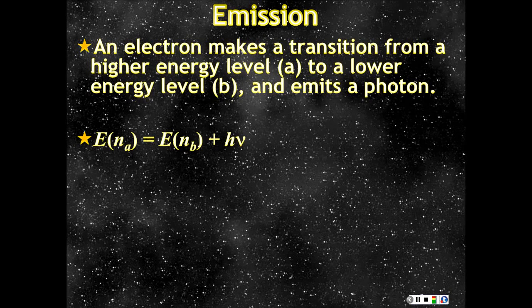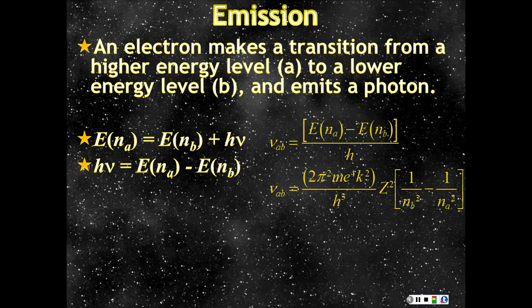And so here we have that the energy for some energy level A is the energy for some energy level B plus that photon that it has to absorb, so the energy of the photon is just given by the difference. So here I've got the frequency, and in this case this is nu, not V, because we like to be confusing about these things.